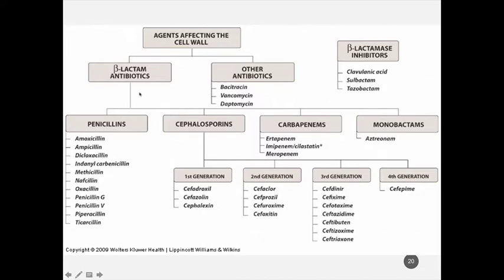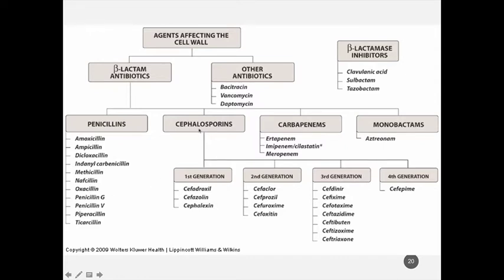There are 4 members of a group called the beta-lactam antibiotics. The reason they're called the beta-lactam antibiotics is because they're all structurally similar, and they all contain what we refer to as the beta-lactam ring, which I'll show you, and I have a picture of in the previous slide. So the beta-lactam antibiotics are the penicillins, and here's a list of most of the penicillins.